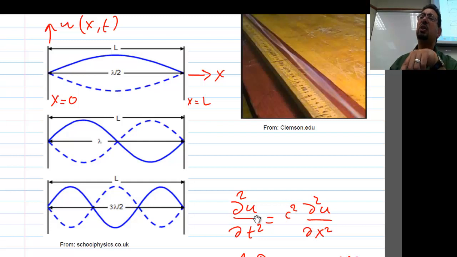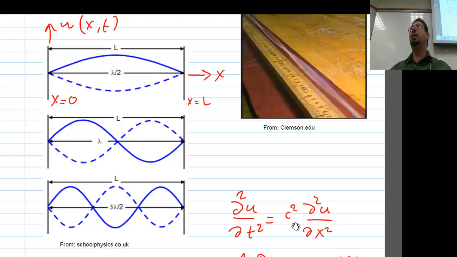Alright? And why did he get c squared? That's a constant that he could have chosen freely, so just see why it's c squared. Why c squared, not just c or k or m or n? Because it's positive.